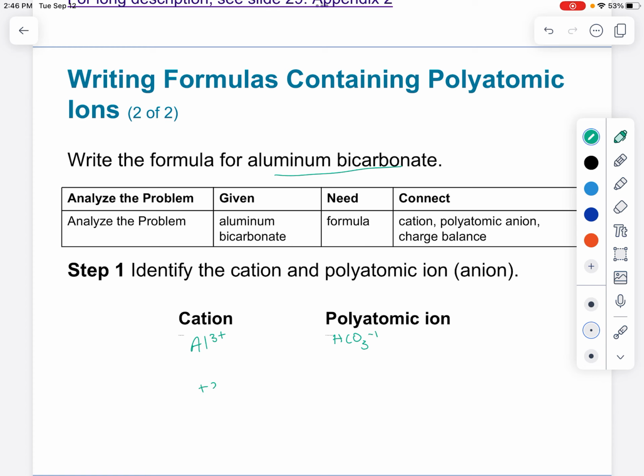So this is plus 3, so I need a minus 3. And since those are minus 1 each, I need 3 of them. So it will be Al, and again, because it is a polyatomic ion, I have to put parentheses, 3.